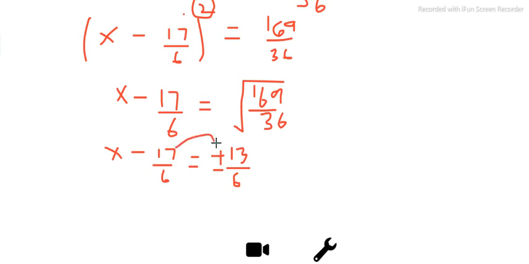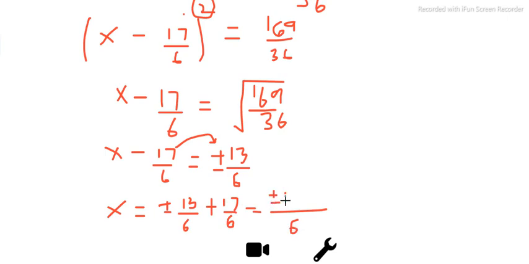So the next thing now is we shift this to this side. When we shift it, we have x equals plus or minus 13 over 6. We are bringing minus 17 over 6, which will now become plus 17 over 6. Our LCM here is 6, since they are the same denominators. So on top we have plus or minus 13 plus 17, all over 6.